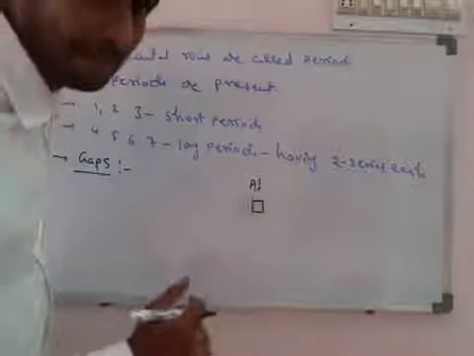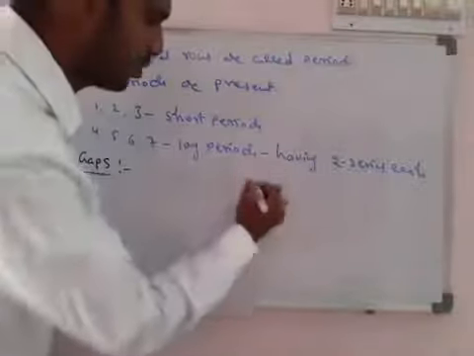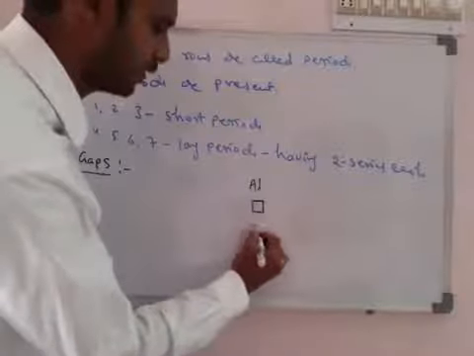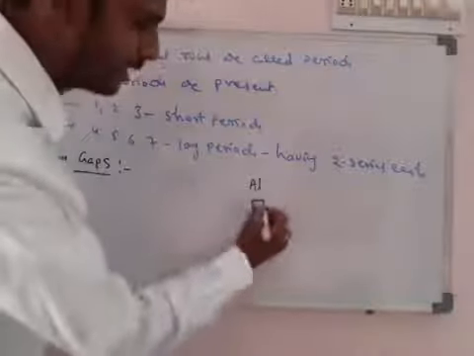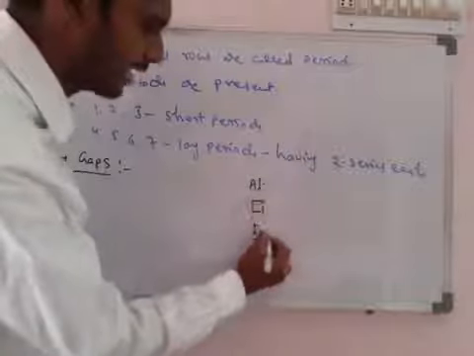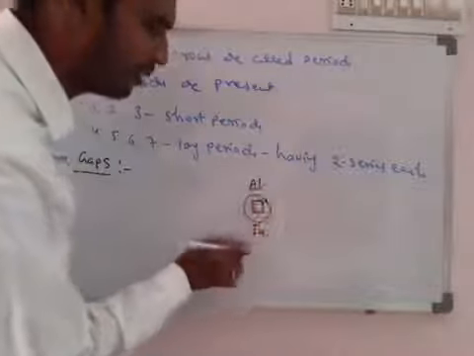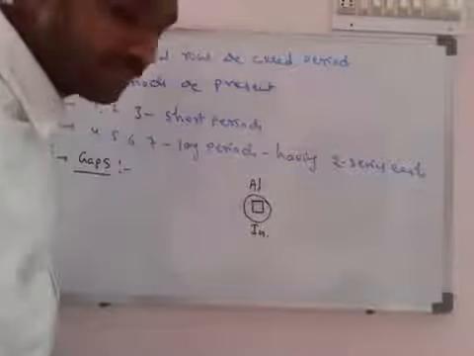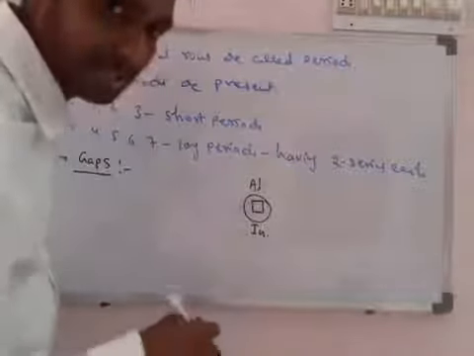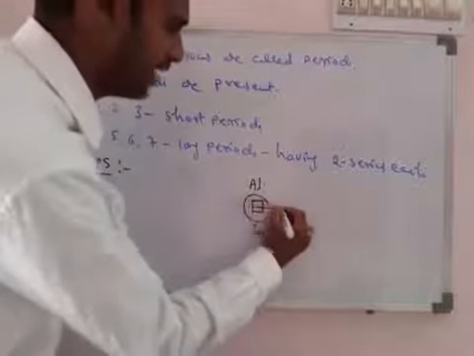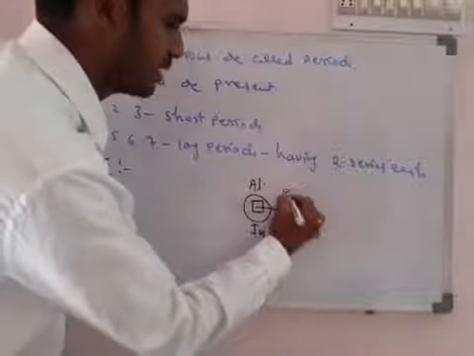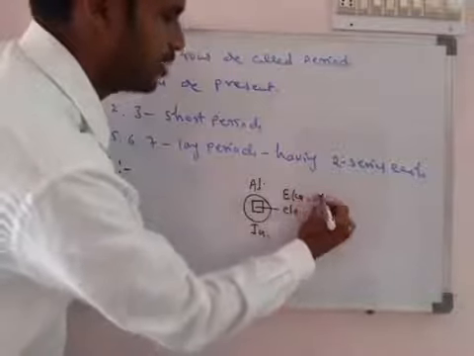He left a gap after aluminium. Actually, after aluminium, indium should come directly, but he left a vacant space and gave some element a name. It's called eka aluminium.